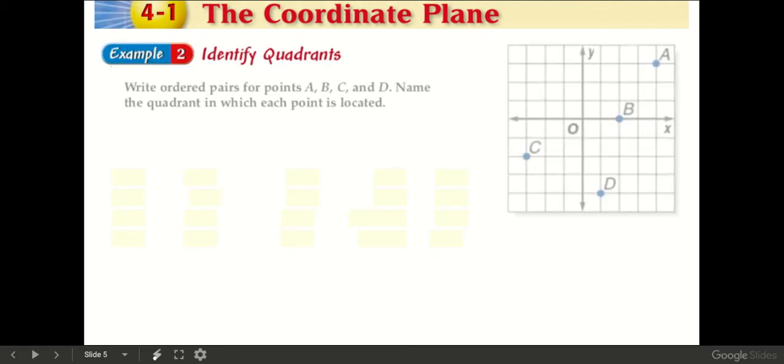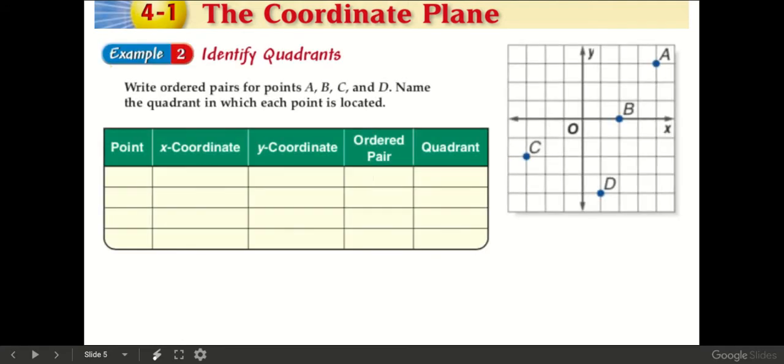So let's identify some quadrants for these points. It says write the ordered pairs of A, B, C, and D and name the quadrant in which they're located. Let's first look at point A. If I were to identify point A, first I want to identify the x coordinate. It goes 1, 2, 3, 4 units to the right, so that would be +4 on the x coordinate.